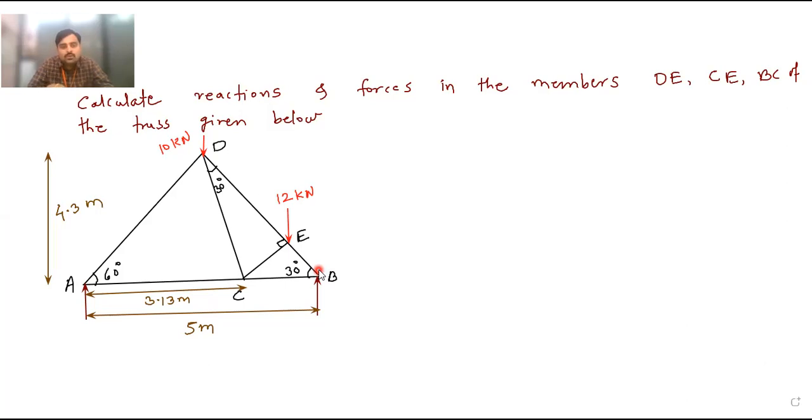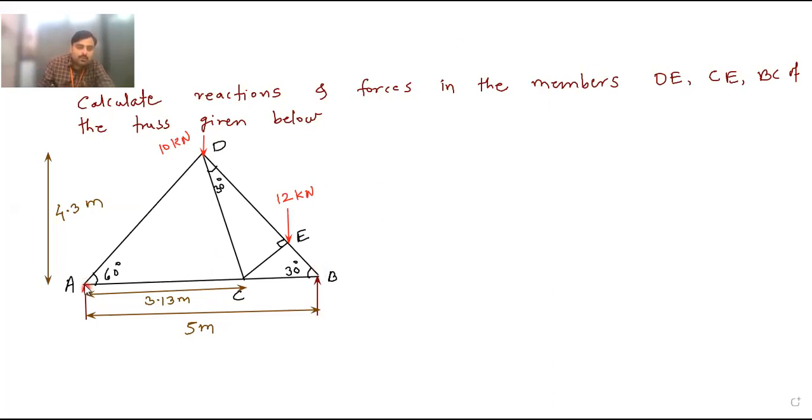Are you able to solve this? Can you calculate the reactions RA and RB? To calculate the reactions, what is needed?